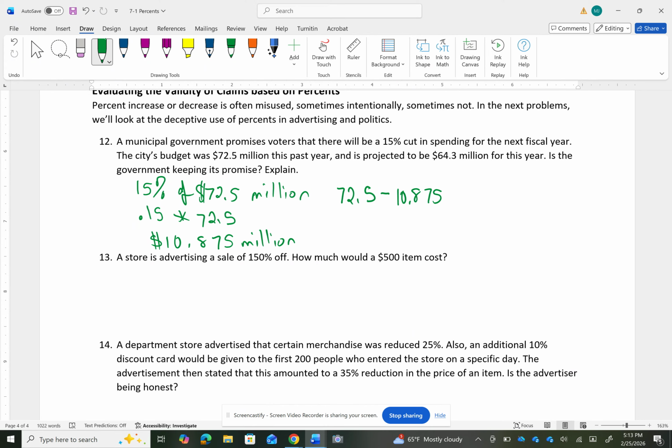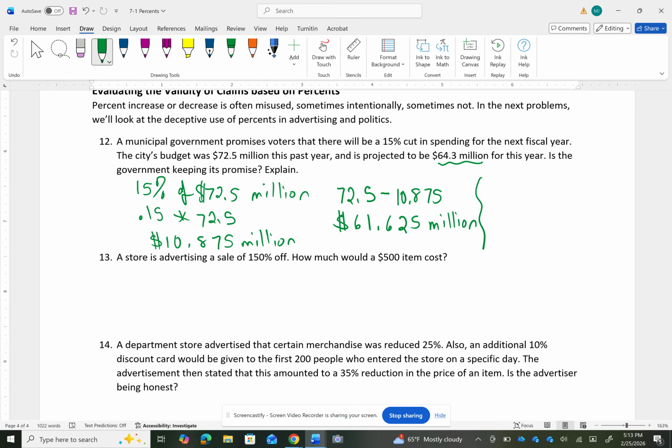And when I do that, if it truly were a 15% cut, then the new budget should have been that many million. And even with rounding, that would only be like 61.6 million for this coming year. So it's not going to be a 15% cut.